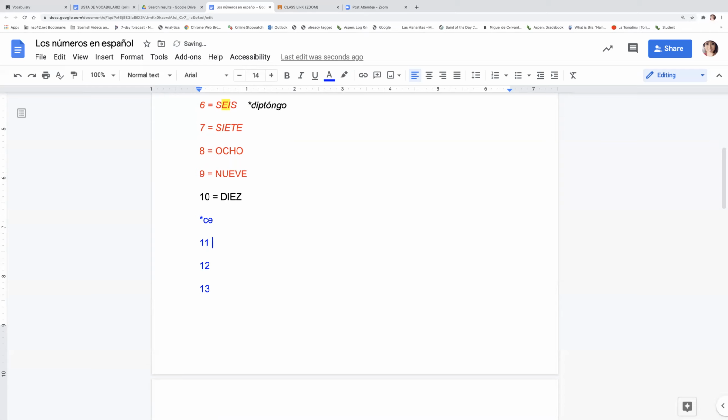Once is how you say 11. It actually looks like the English word once, but it's pronounced as once. It's not called once. Doce. No es azul. I want it to stay blue. Once, doce, trece. You might be seeing a pattern here.